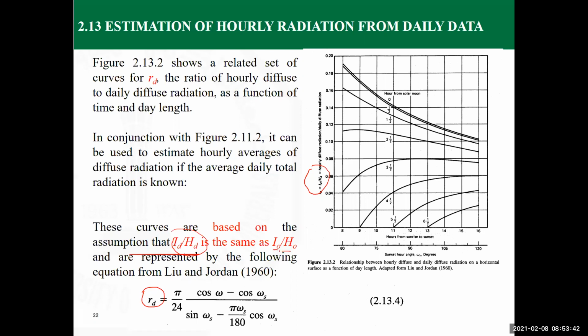It is basically the same ratio, which is the hourly to the daily radiation, but the O here stands for extraterrestrial radiation. So we're talking about the components outside of the atmosphere. So assuming that the ratio outside the atmosphere is the same as the ratio as it comes closer to the ground, that's the assumption based on which this expression has been developed.